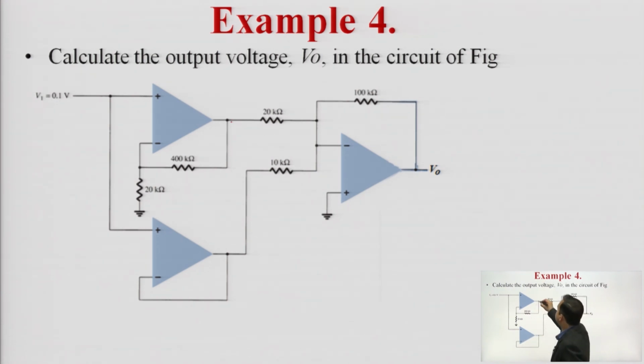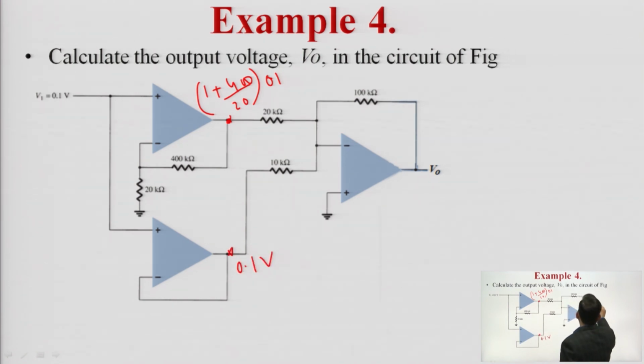Clearly this is 1 plus RF by R1, 1 plus 400 by 20, multiplied by 0.1. This is the voltage follower, means this voltage is 0.1 volt, and after that this is a summing amplifier. So the relationship is V0 equals minus 100 by 1, V1.